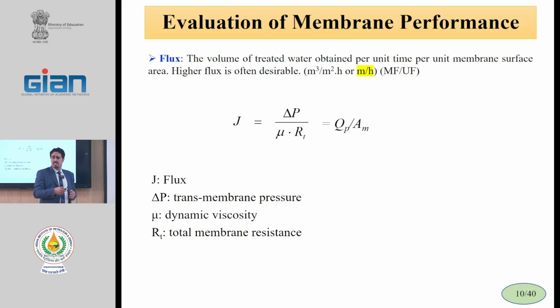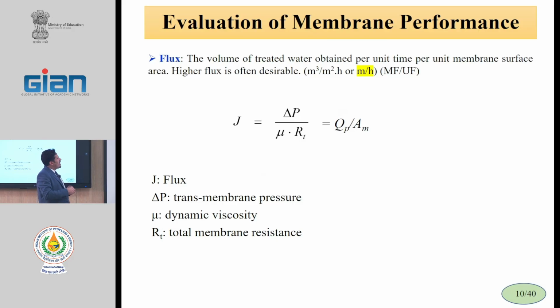From a theoretical view, the flux in the filtration membranes, where the driving force is delta P, can be defined with this mathematical expression. The delta P is on top, and the viscosity and the resistance are in the bottom.